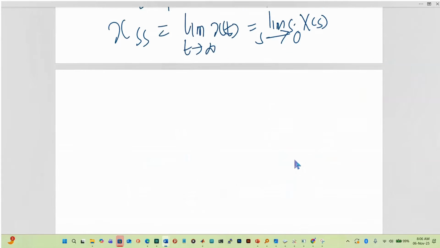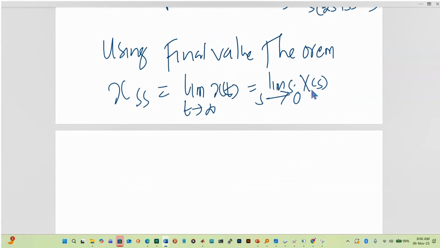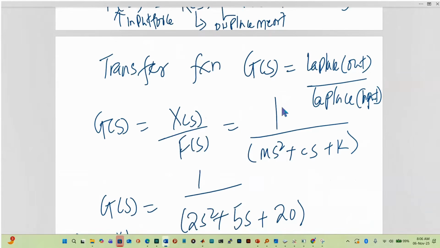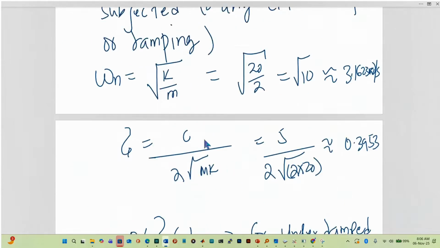We already know what this is when we give it a step input. In other words, we have our transfer function as X(s).